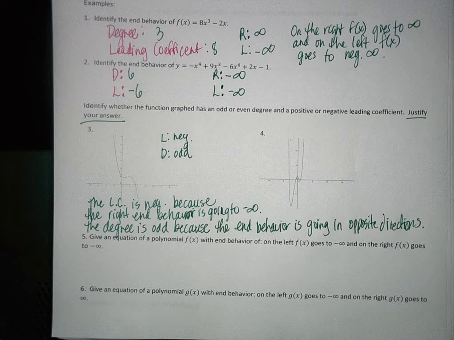So, number 4, we're not going to write it out in words. Okay, we're just going to do that one time. Number 4, I'm going to give you about 30 seconds or so. You need to figure out what's the leading coefficient, negative or positive, and is the degree even or odd.